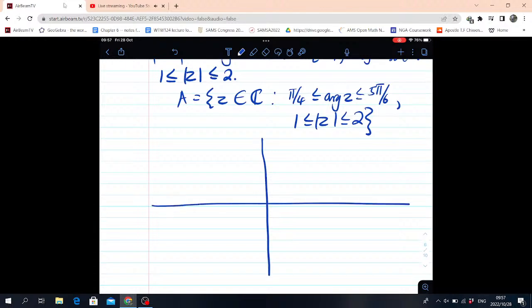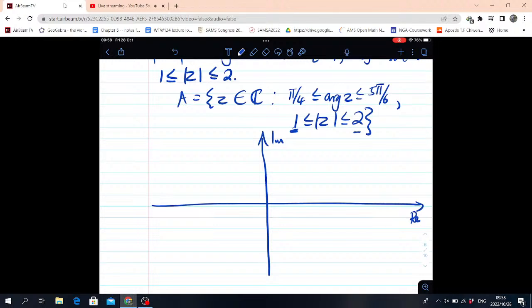So we've got the real axis there, the imaginary axis there, and then we want to draw this region that we are given, this set of complex numbers. So we want to figure out what kind of points have a modulus between this and that.